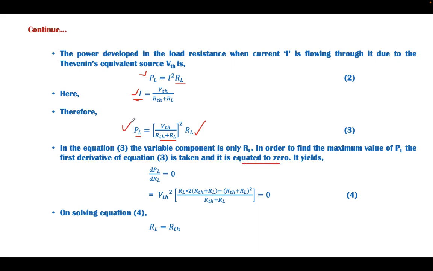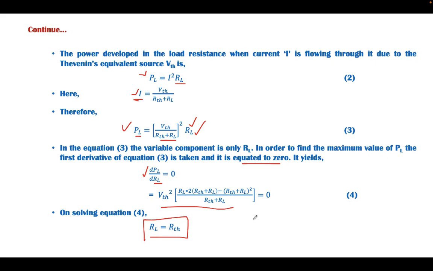Considering this third equation, the first derivative is dPL by dRL, with respect to the variable, because in this equation the variable is RL, since we want to vary the resistance so that the maximum power can be obtained. Taking the differentiation and simplifying the equation, it gives RL equals RTH.